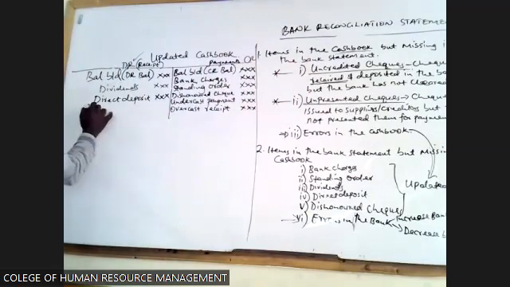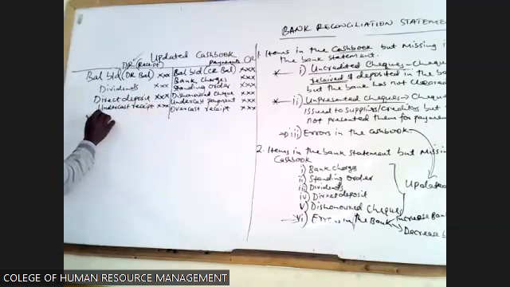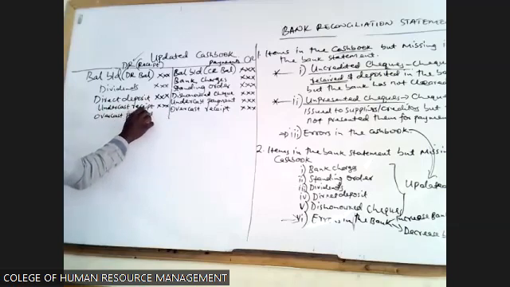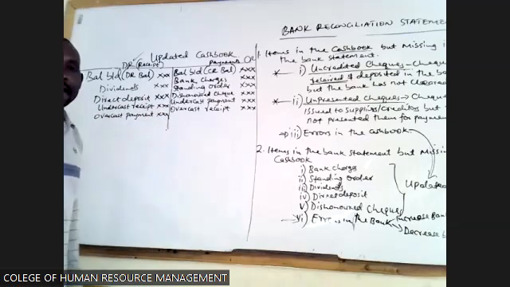Then on this side, we are going to have undercast receipt and overcast payment. Like that.